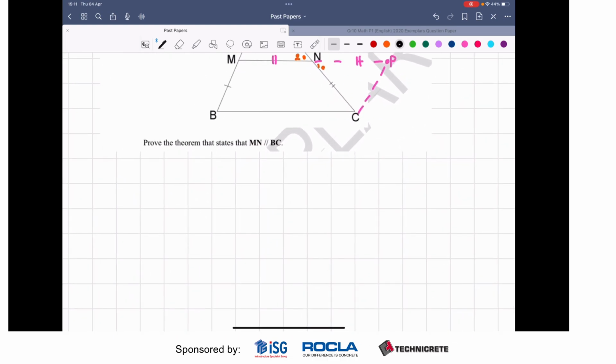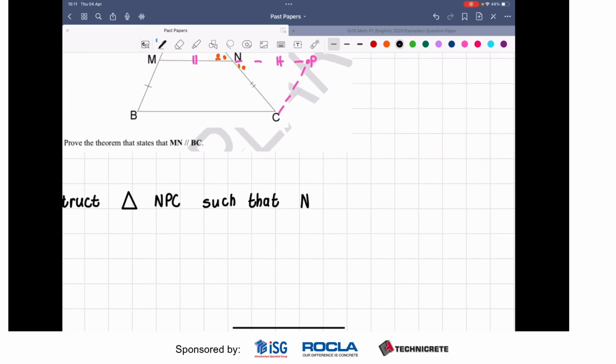So first I'm going to say construct triangle NPC such that NP equals MN.